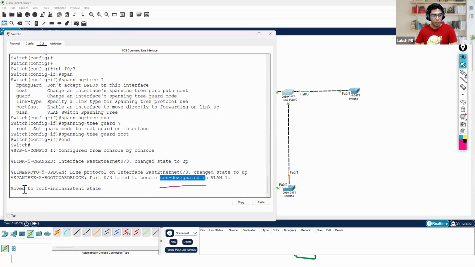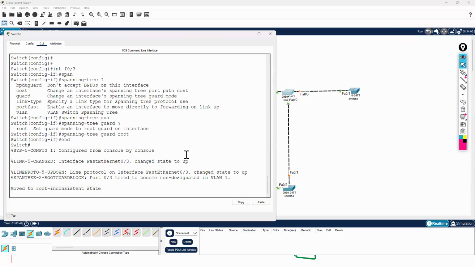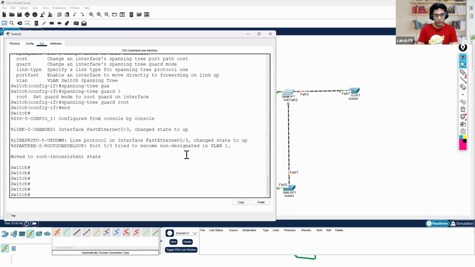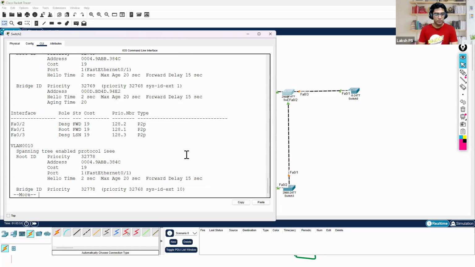And what it said was, moved to root inconsistent state. Basically, it is blocking. There is another name for blocking: root inconsistent state. So show spanning tree active for VLAN number 1.